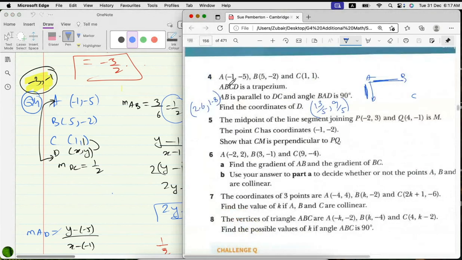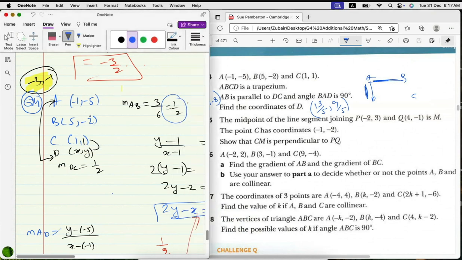A is minus 1, minus 5, B is 5, minus 2, C is 1 comma 1. ABCD, AB is parallel to DC. Gradient of AB, y2 minus y1 is 3, x2 minus x1 is 6. 3 by 6 is 1 by 2.